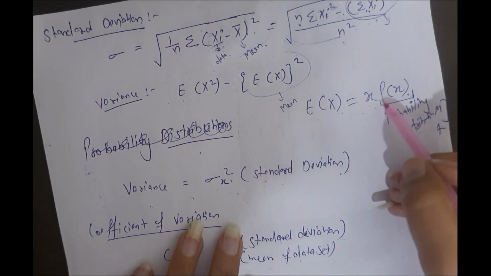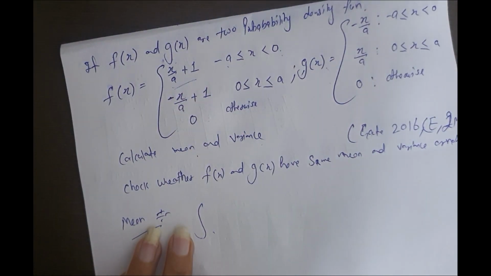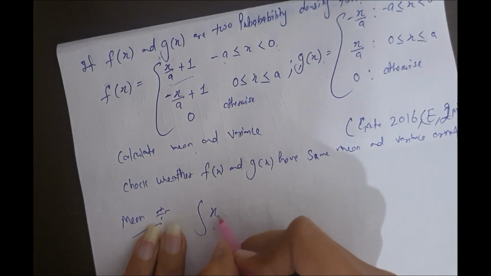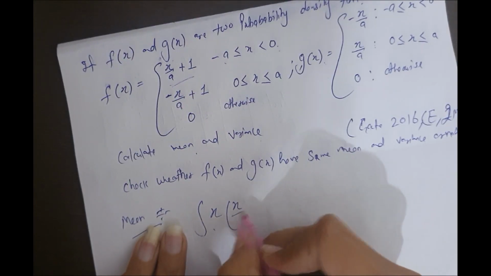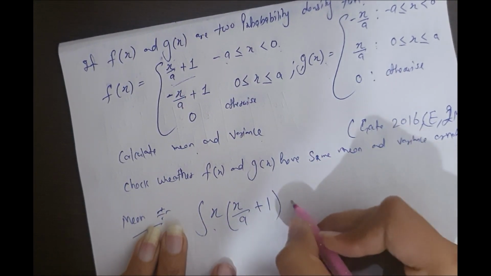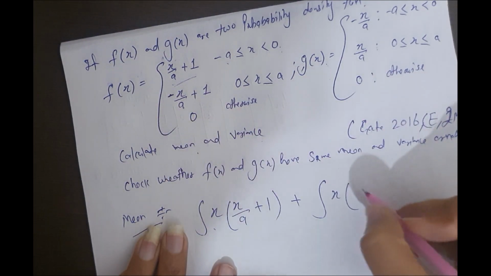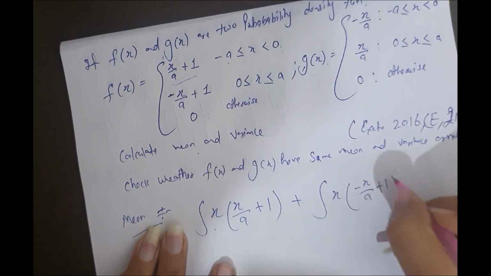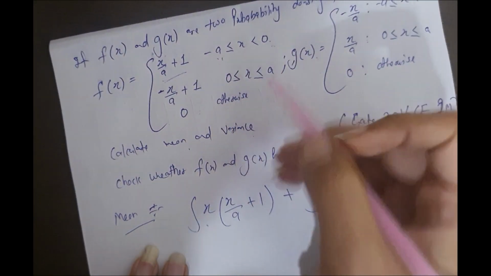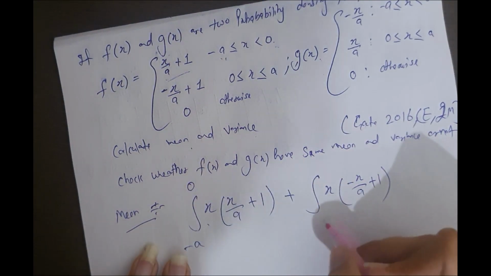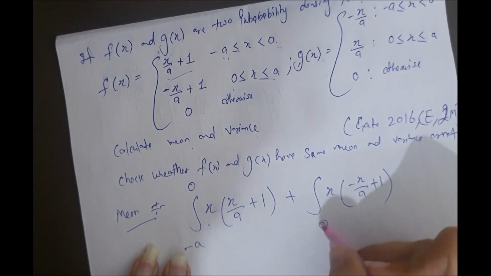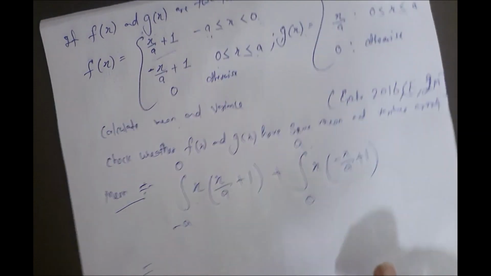How do we find mean? x into probability distribution. Here f(x) is there, so x into this function plus x into this function. This is from minus a to 0 and this is from 0 to a. Solve it and you will get your answer.